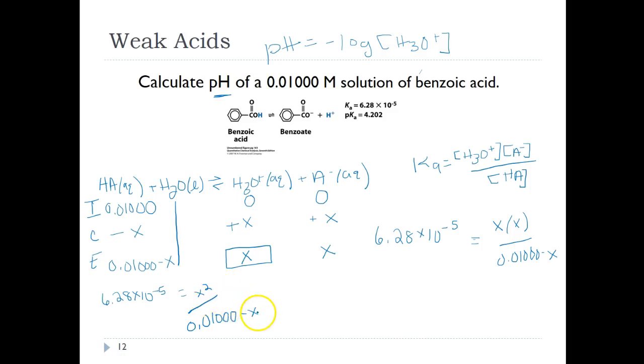We're going to have a term with X to the first power, and then we have a value that has no X's at all. So we're going to end up with a quadratic equation.